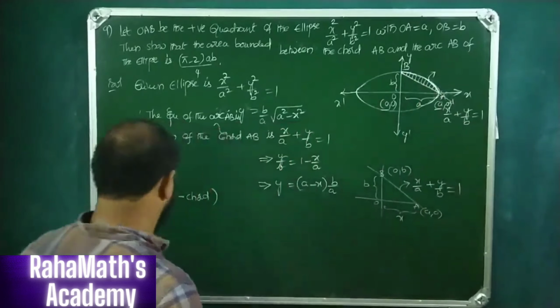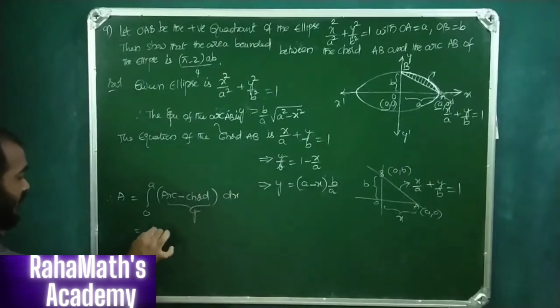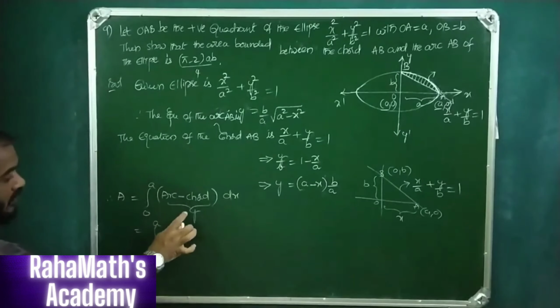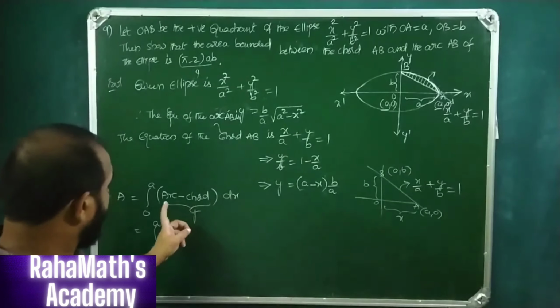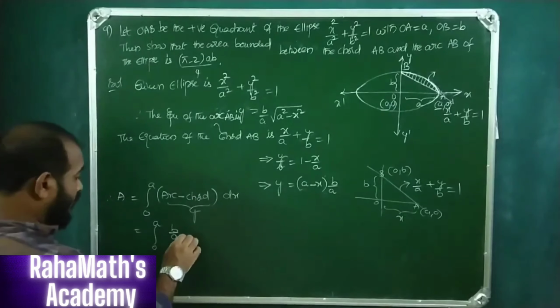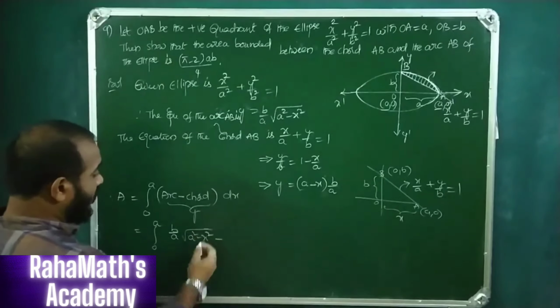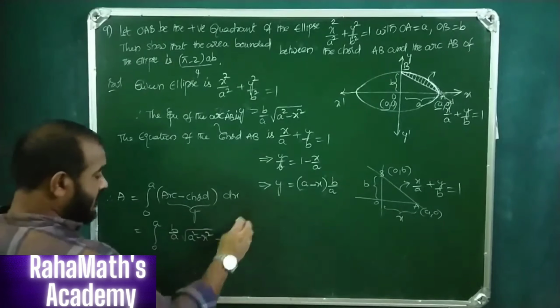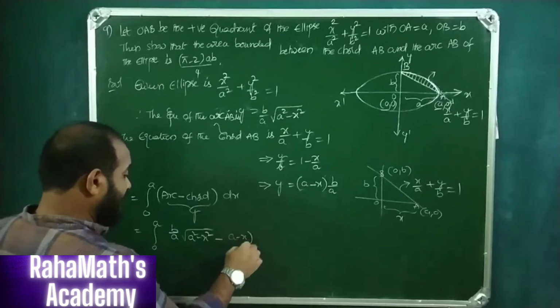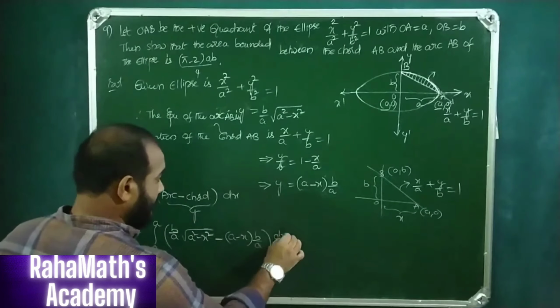So this is y dx only. From 0 to a, the arc is b by a into square root of a square minus x square, minus the chord, which is (a minus x) into b by a, whole dx.